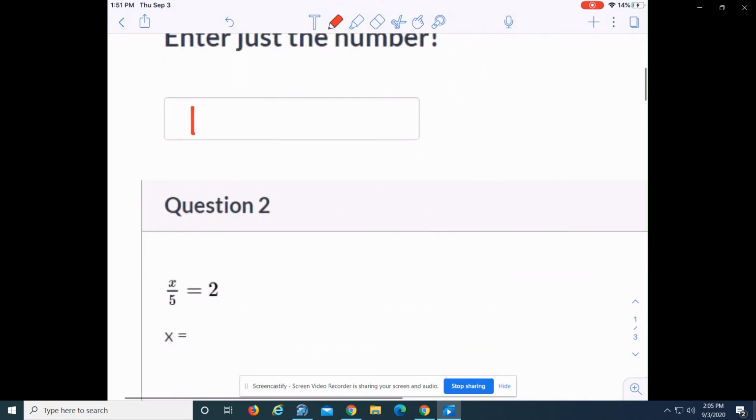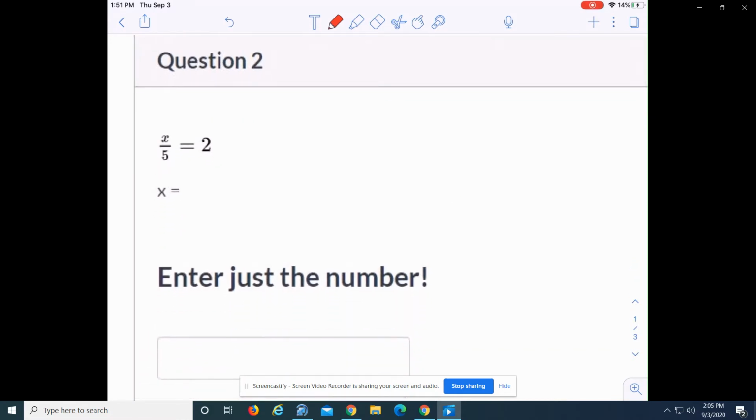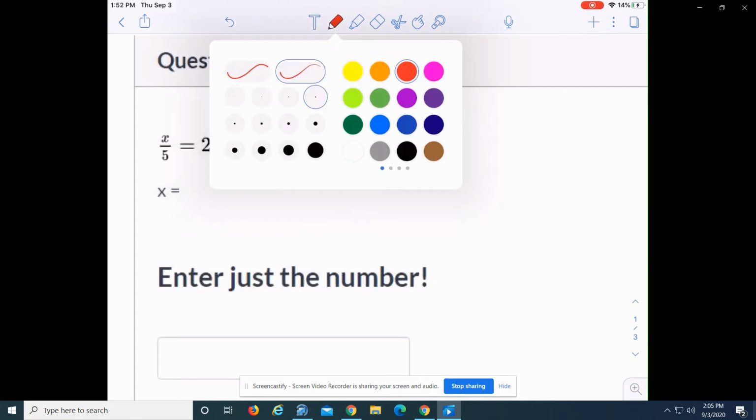Question 2. These are all very similar. So again, we're kind of doing the opposite operation, or inverse operation. You'll hear me say the word inverse a lot. So first thing I'm going to do is rewrite the problem. x divided by 5. Fractions or division equals 2.